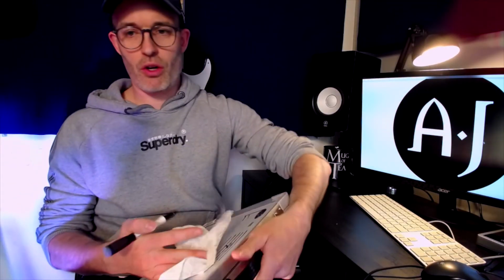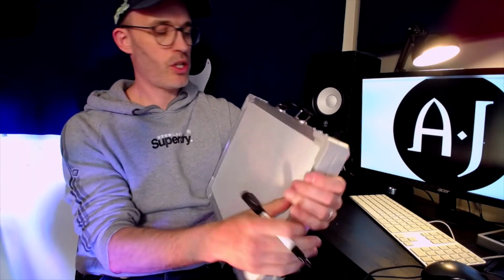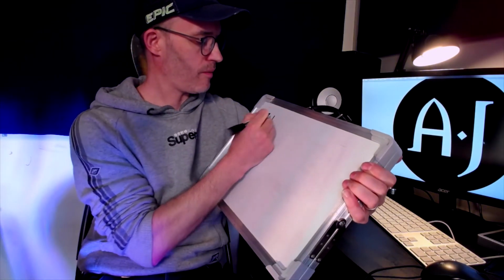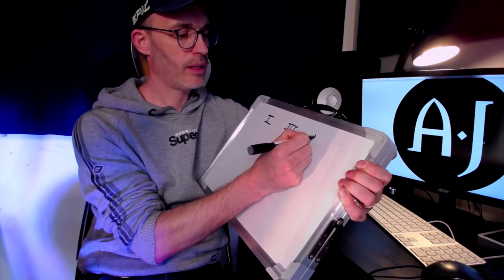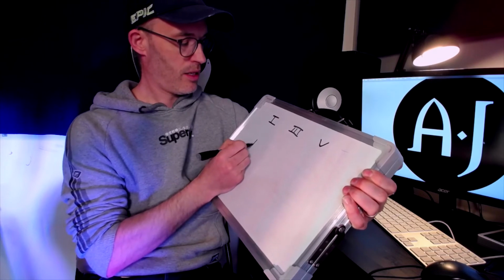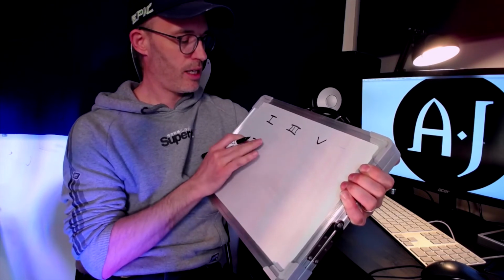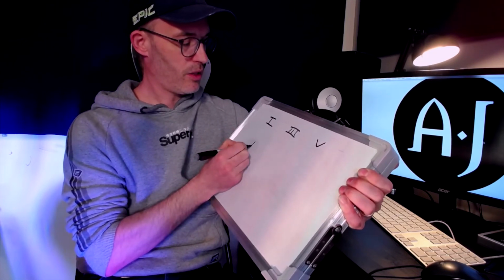Okay, moving on to chord construction. You need to know the construction of a major and a minor chord. In chord construction we're going to use Roman numerals, and underneath we'll do the same again. In fact, it's minor, so let's just use the lowercase.